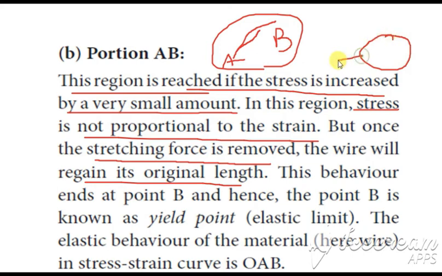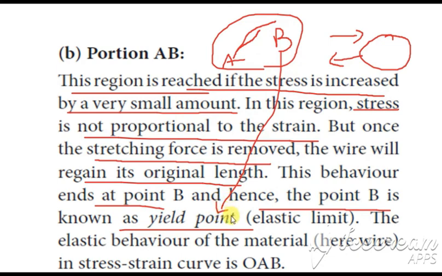So if you apply the force and then remove it, it comes back to its original position. This behavior ends at point B, and hence B is said to be the yield point. Okay, so B is called the yield point. The other word is elastic limit. So B is the elastic limit, and the elastic behavior of the material in the stress-strain curve is OAB.